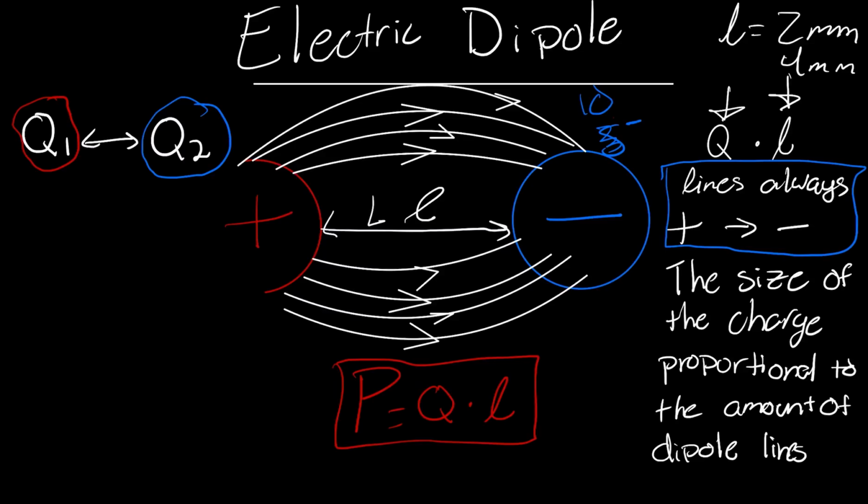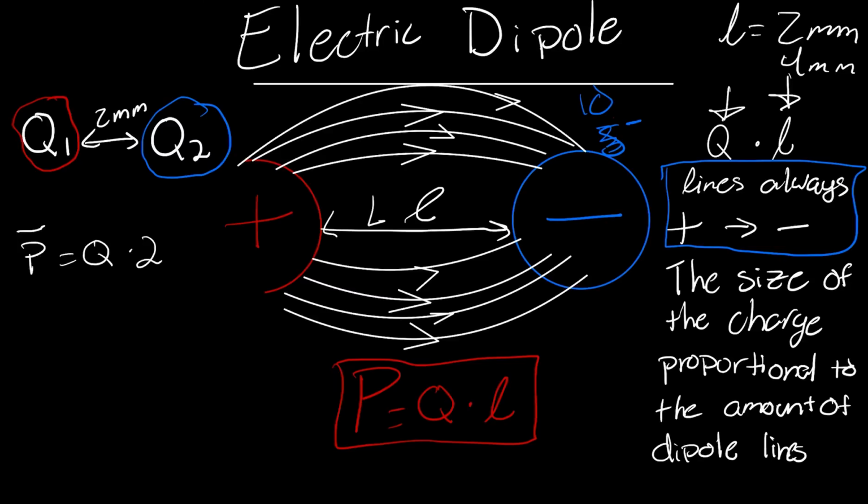The dipole moment, which is represented by P bar, would basically be Q, the charge, times 2.